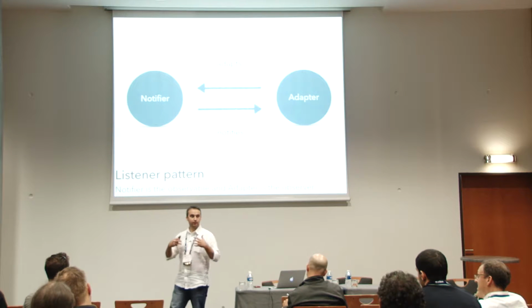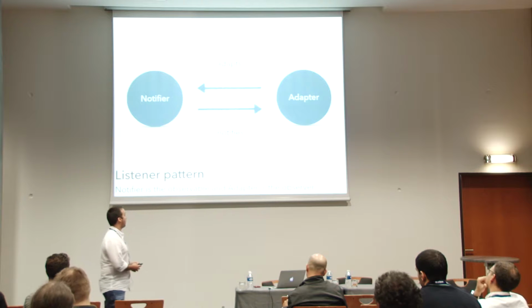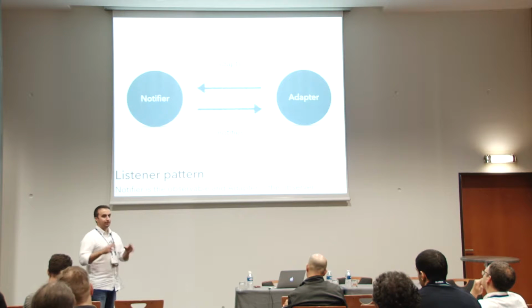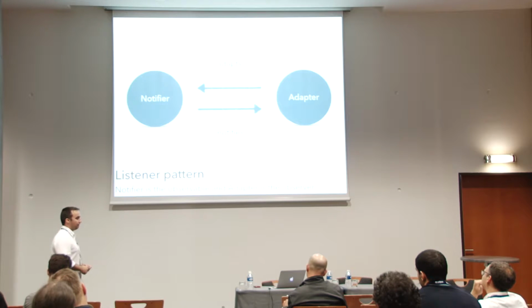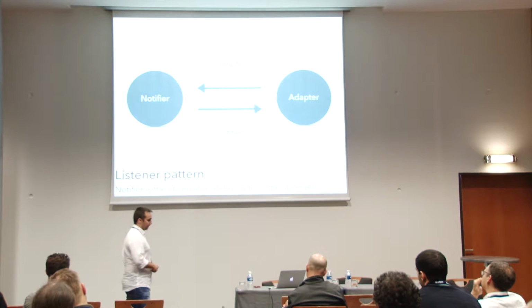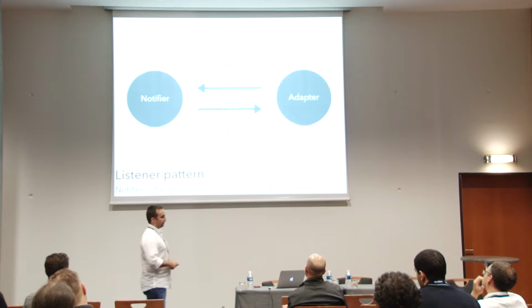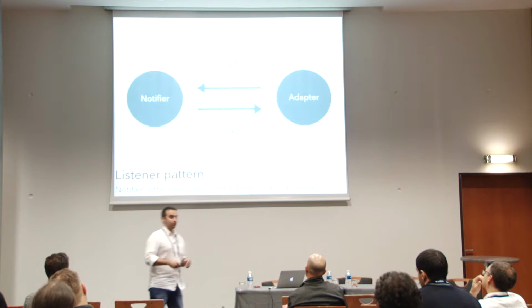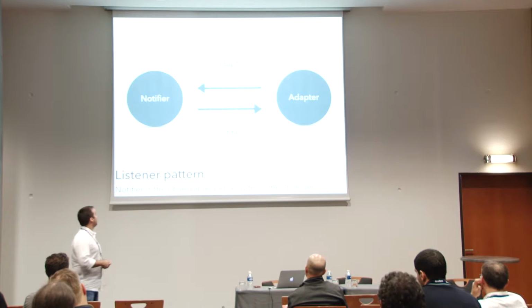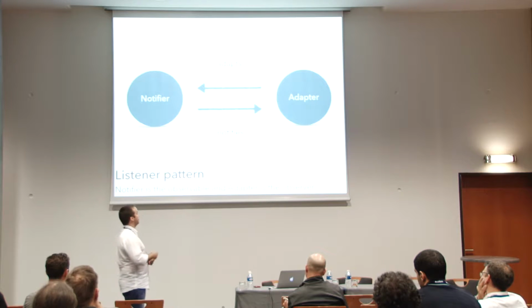EMF actually provides you freely a very powerful observer pattern, but it can be a little bit hidden when you start with EMF because the usual concepts of the observer pattern are not called the same way in EMF, so you get the concept of notifier and adapter. If you know the observer pattern, the notifier is actually the observable element, and the adapter is a listener of this observable.